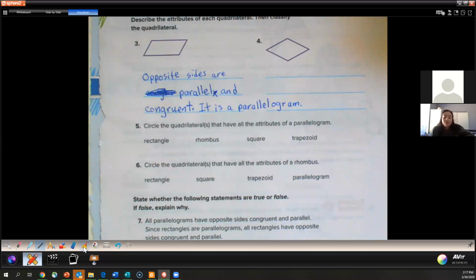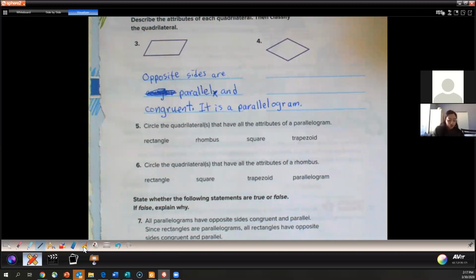It says circle the quadrilateral or quadrilaterals that have all the attributes of a parallelogram. So this is where that chart kind of comes in handy. Or you can even look at our number 3, because you want to know the attributes of a parallelogram.